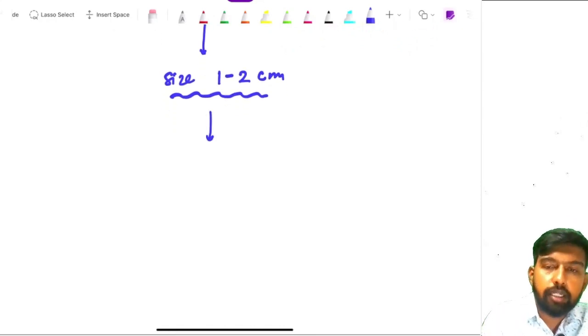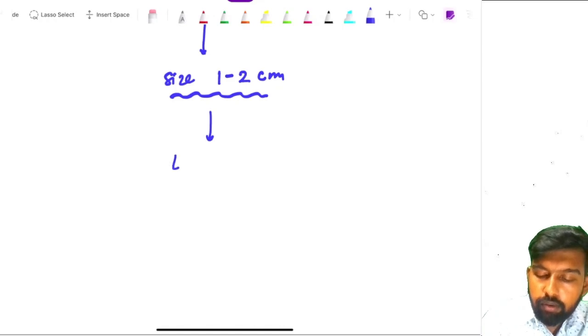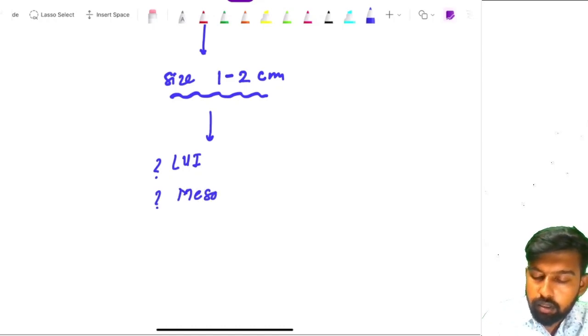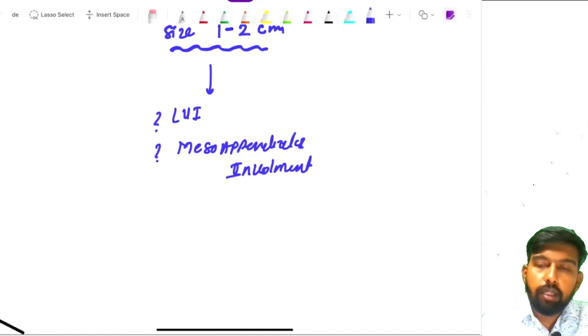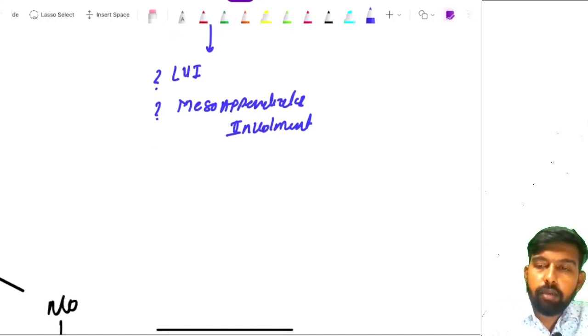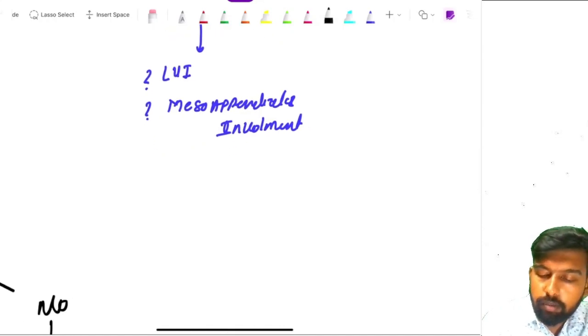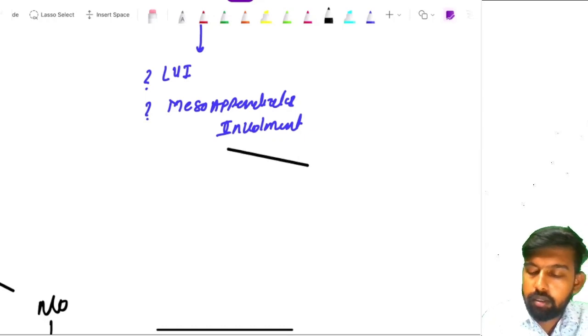on histopathological examination, that is, whether lymphovascular invasion is there or not, and whether there is involvement of the mesoappendix.